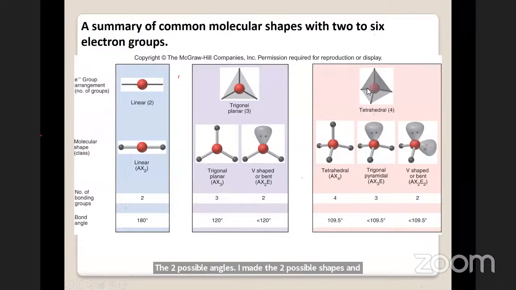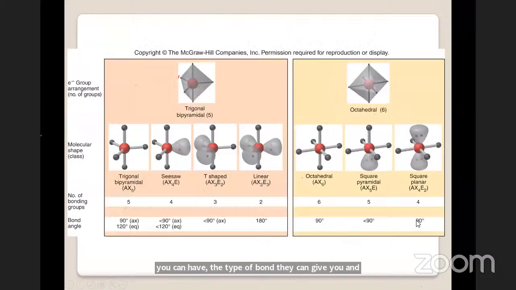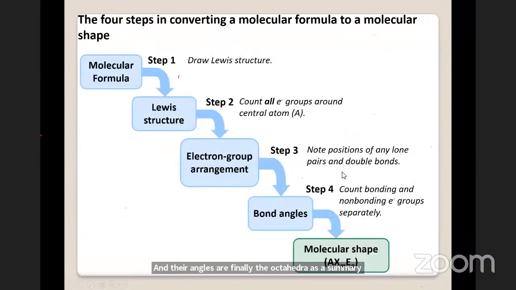And you have the tetrahedral, the 3 possible shapes that you can have, the type of bond they can give you, and their corresponding shapes. And also the trigonal bipyramidal, the 4 types of shapes they can give you, and their corresponding bonds and their angles. And finally, the octahedral. As a summary of all that we've learned, you have all that.